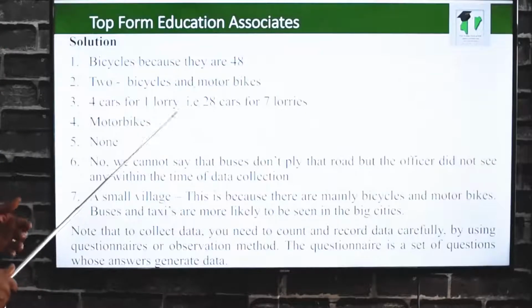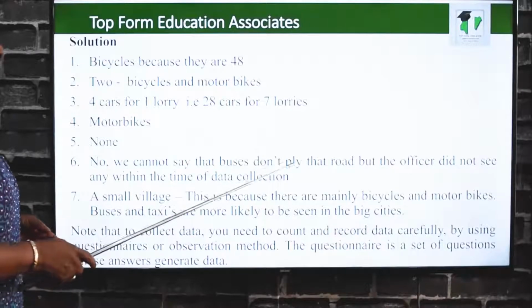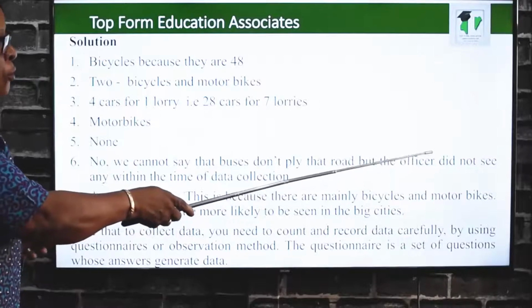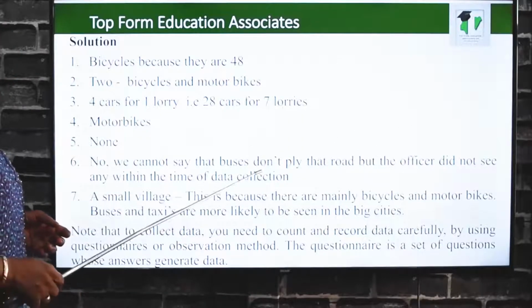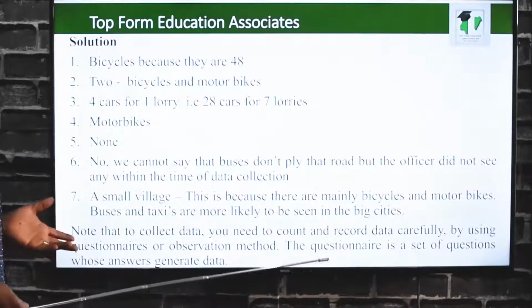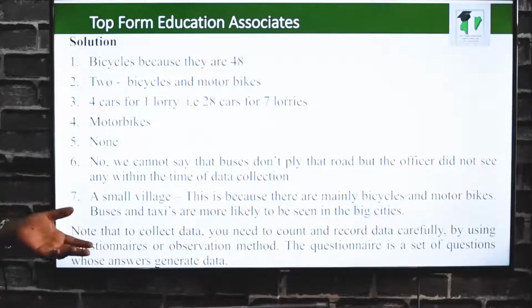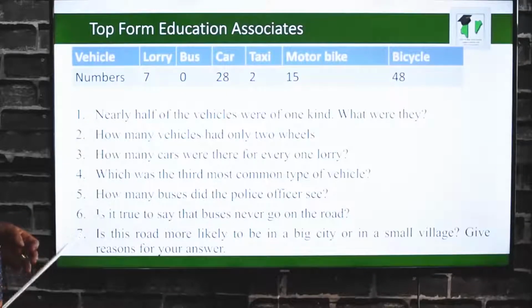The answer is no. We cannot say that buses don't ply that road, but the police officer did not see any within the time of data collection. It doesn't mean that buses don't ply that road.